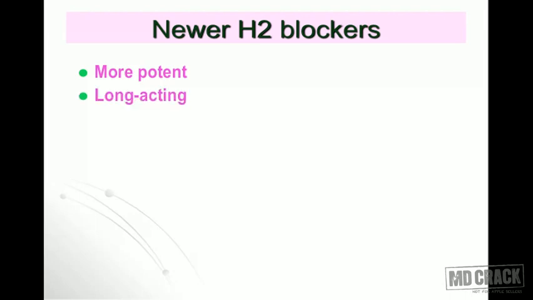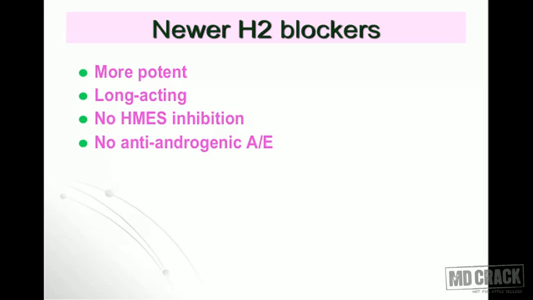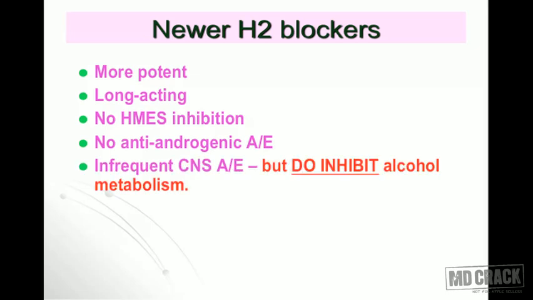They are long-acting agents, so you can give them once a day or twice a day. They don't produce any hepatic microsomal enzyme or cytochrome P450 enzyme system inhibition. So the chances of drug interactions are fairly less, and fortunately they don't have the anti-androgenic adverse effects which cimetidine had.